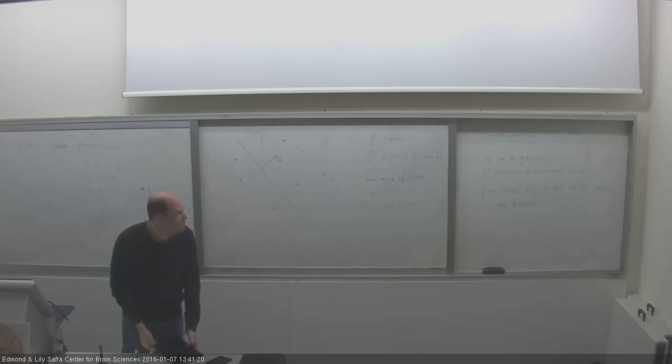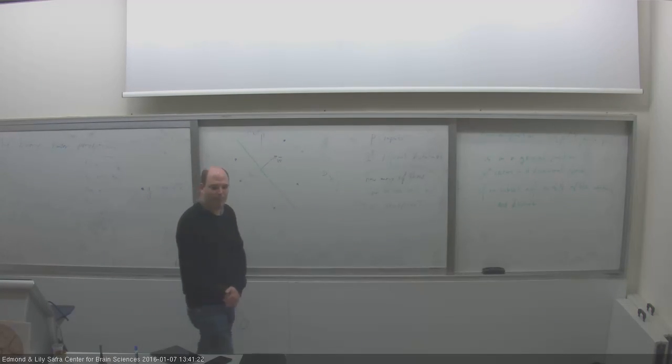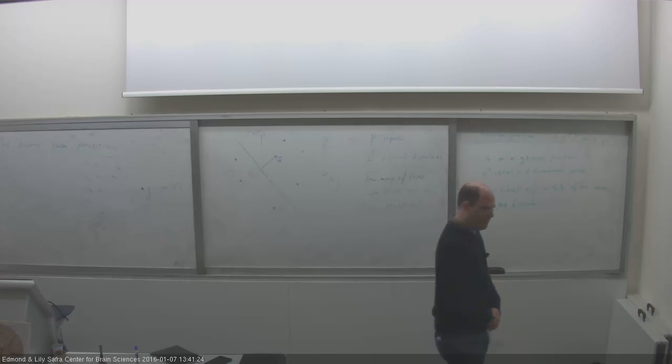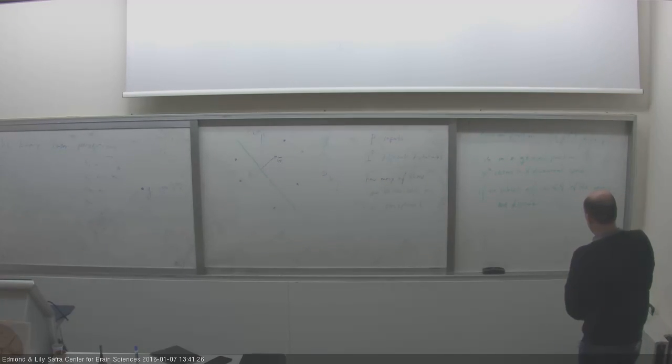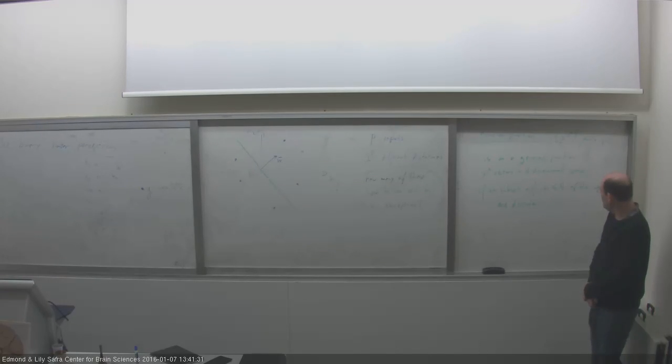So let's make sense out of this definition. First of all, if p is smaller than n, it just means that all these vectors are independent.